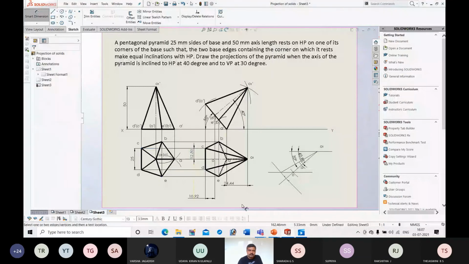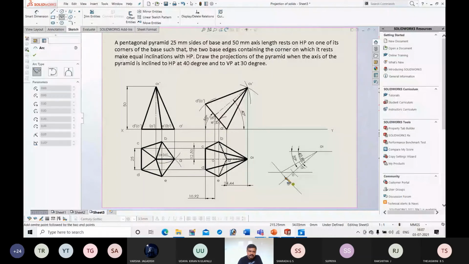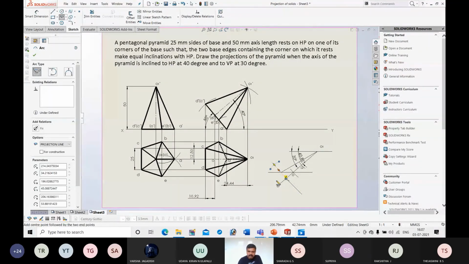Now, this point as center, here I will cut an arc. Radius is 12.5. Next again, this as center, I will cut one more arc.